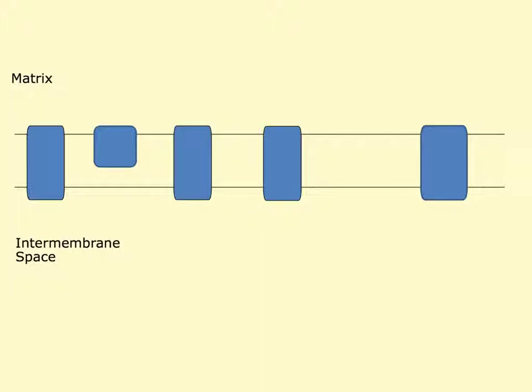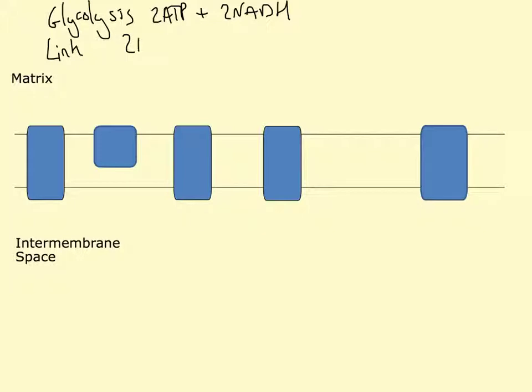If we think of glycolysis, we made 2 ATP and 2 NADH. In the link reaction, we made 2 NADH.